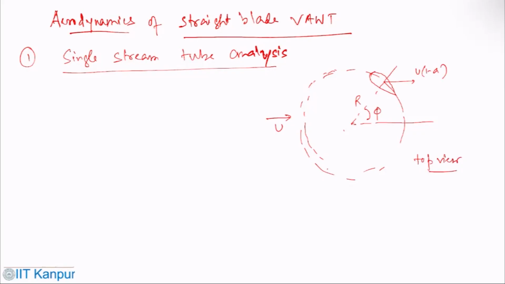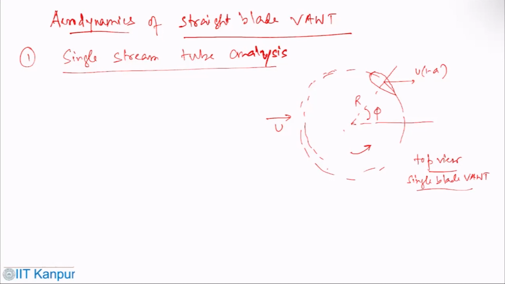So a single blade vertical axis wind turbine, seen from the top view, is rotating in this direction, which is counterclockwise, and wind is seen impinging on the rotor from left to right. So that is what has been shown.